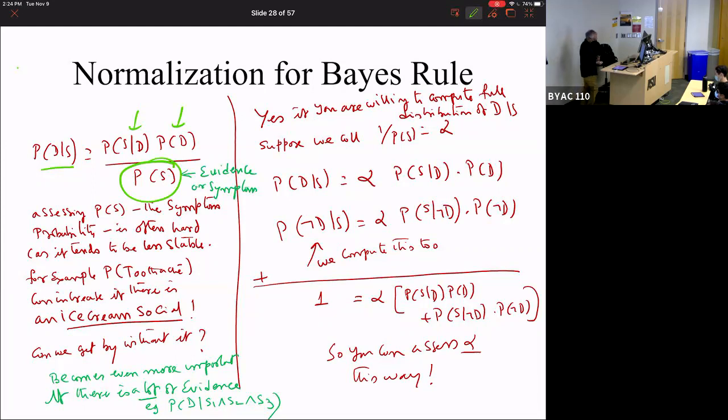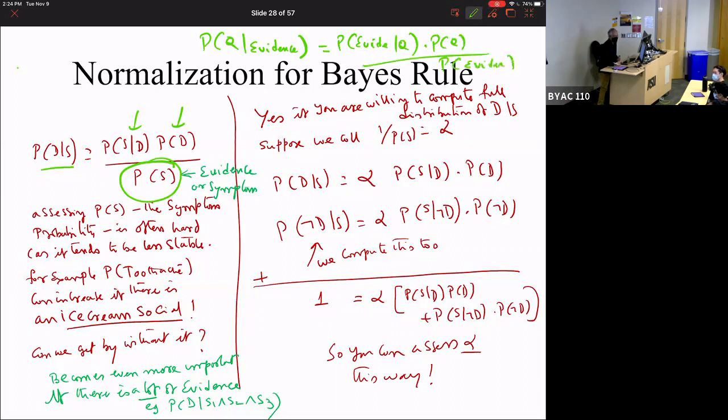In general, another way of thinking is that P(query given evidence) is computed as P(evidence given query) times P(query) by P(evidence). Computing the probability of the evidence is painful.